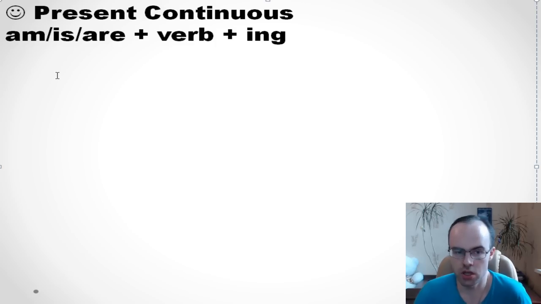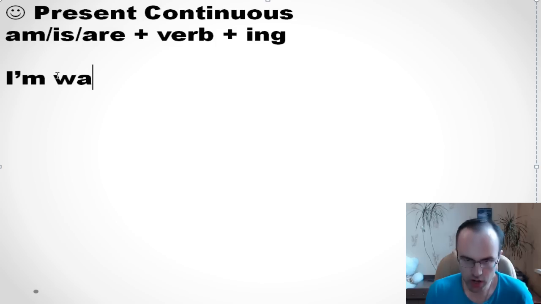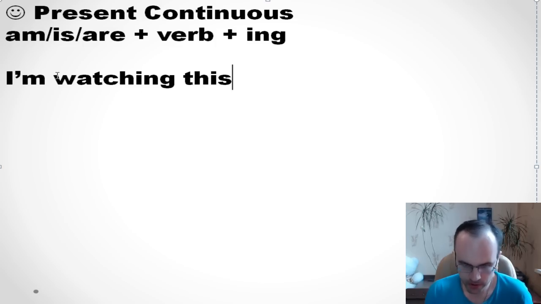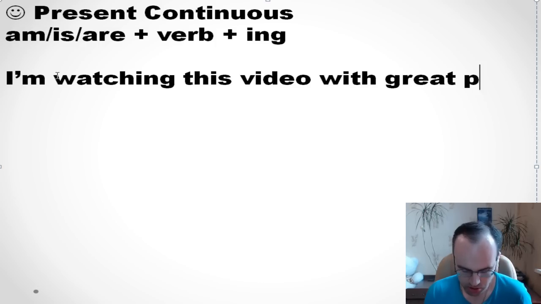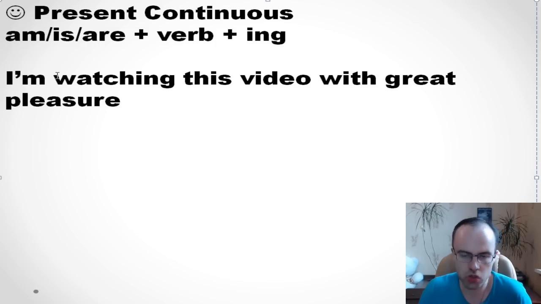For example, you can say, I'm watching this video with great pleasure. It's happening in the moment, at the moment of speech, right? So if you like it in general, you can say I really like, or I watch your videos, or I watch these videos with great pleasure.